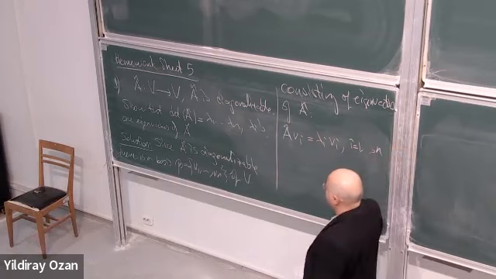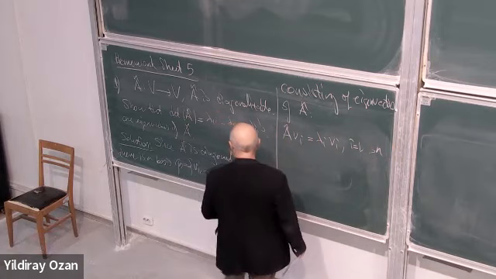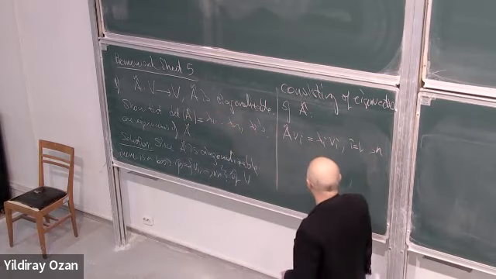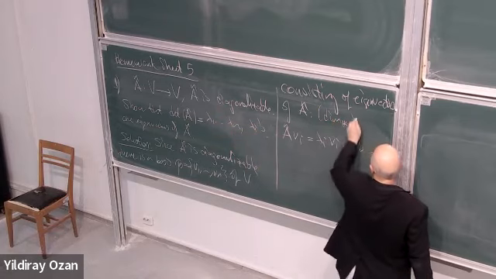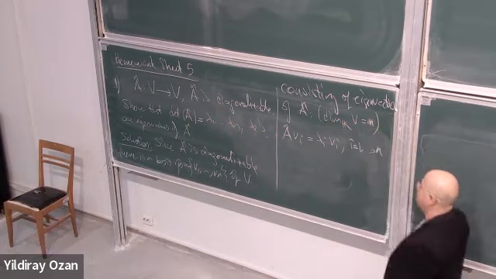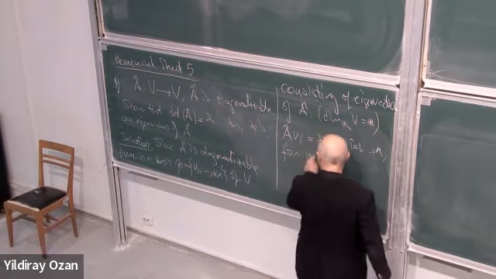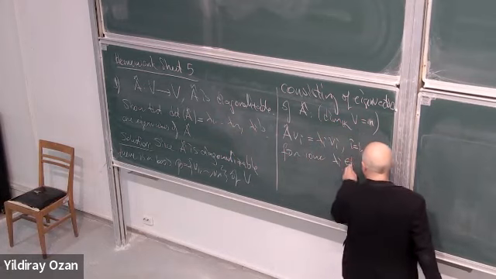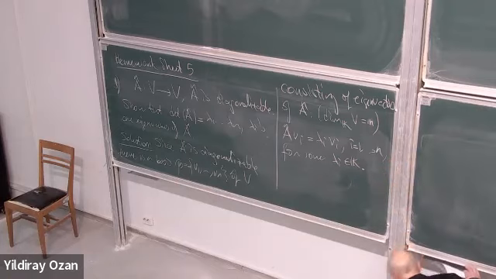And supposing that dimension of this V is n, so let's assume that dimension of V is just n, an n-dimensional vector space, for some lambda i in K. So we have a basis like this, right? This is the definition of diagonalizable.